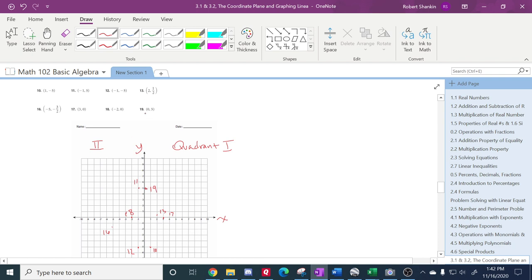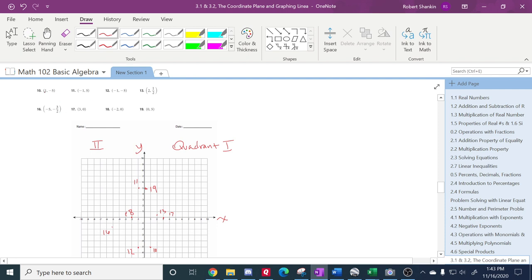And this one, the x-coordinate is 0, and we're sitting on the y-axis. So it's the opposite axis. When the y is 0, you're sitting on the x-axis. When the x is 0, you're sitting on the y-axis. Now, we can think of the y-coordinate every time as the height of the point.